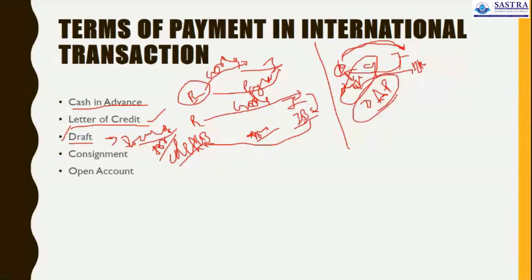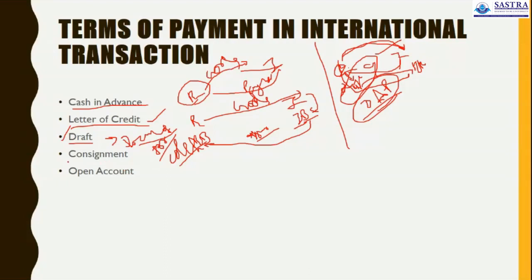So this document is used for document against payment. It is presented by the exporter through the exporter bank to the importer bank. Once the goods are as per the standard prescribed in the contract, they will make the payment. We call it D/P, document against payment.